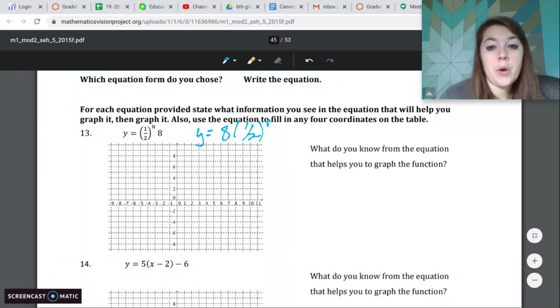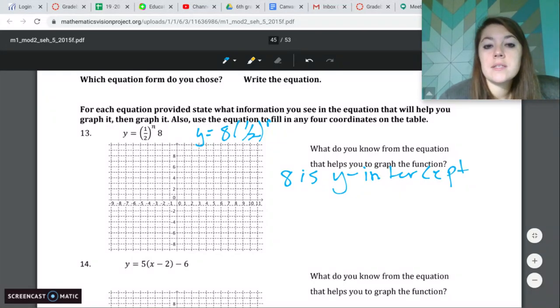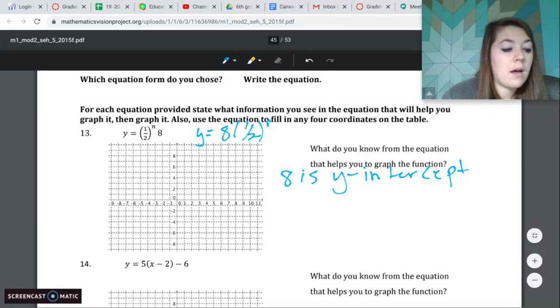First off, we should know that 8 is the y-intercept. Anytime we have a number outside of the parentheses, that's going to be your y-intercept if it's being multiplied. If it's being added or subtracted, then it'll be moved based on that. But multiplying, it's going to look like this.